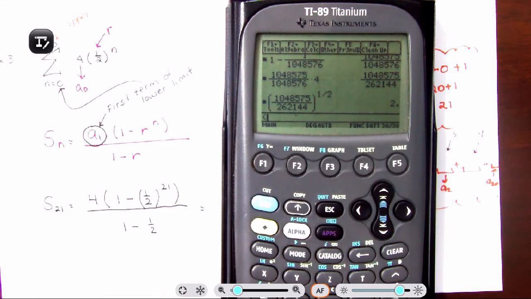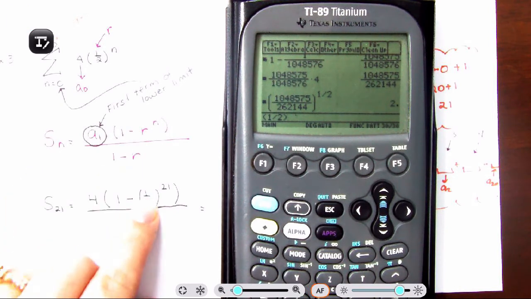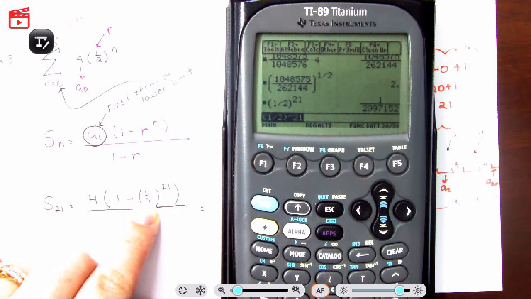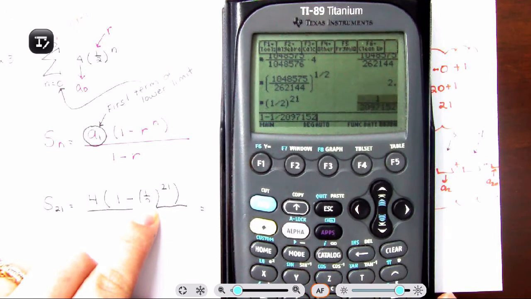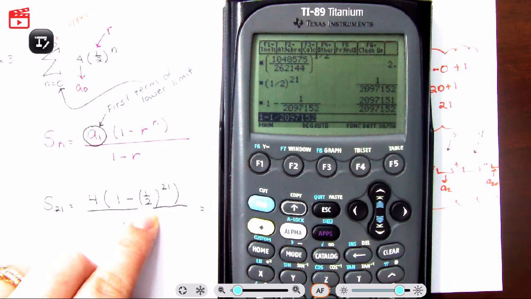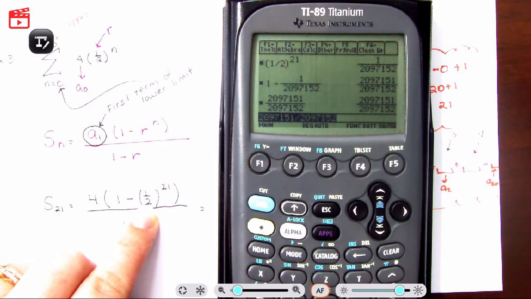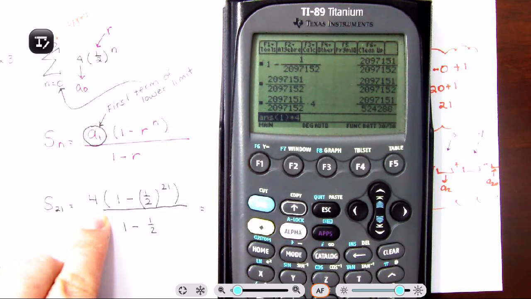I do want to show you that you have to double check your answer. Calculators can misinterpret what you are doing. So 1/2 raised to the 21st power. Then 1 minus this fraction. Make sure it's saying what you want it to do. Yes. Taking this answer, I'm multiplying it by 4.